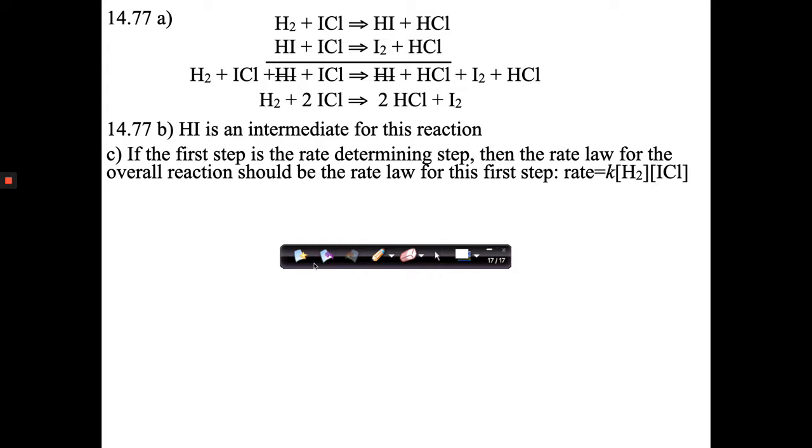You'll notice, guys, in number 77, they actually told you, well, first of all, they ask you what is an intermediate. That's something that's created and then consumed in the elementary steps. And then, guys, they told you that the first step is the rate determining step. That is then the rate law for the overall reaction, because the rate law for the rate determining step is the rate law for the overall reaction.